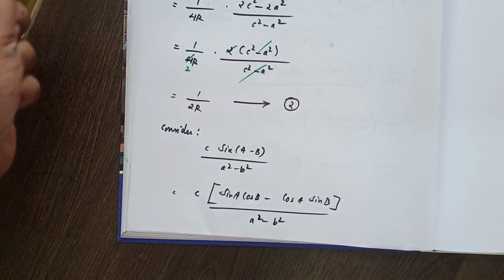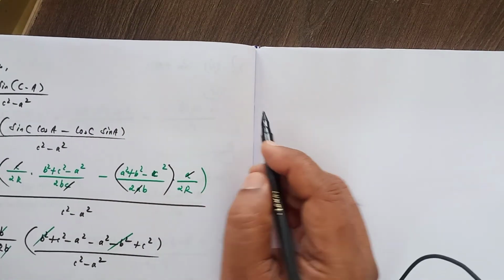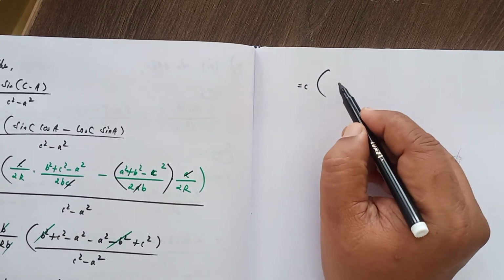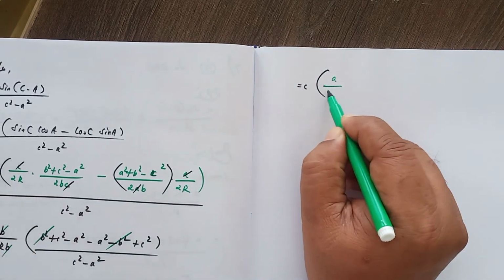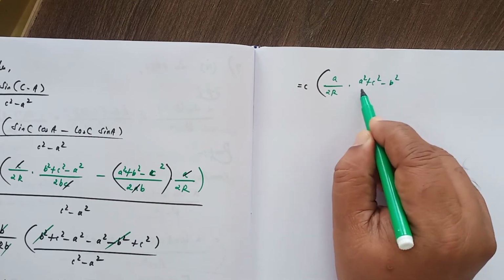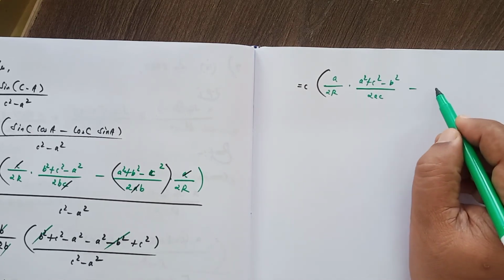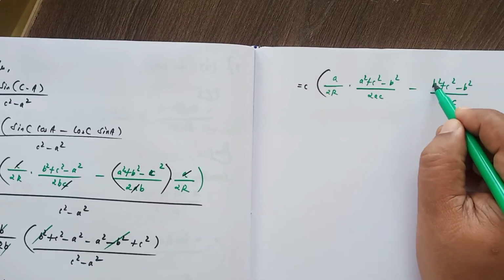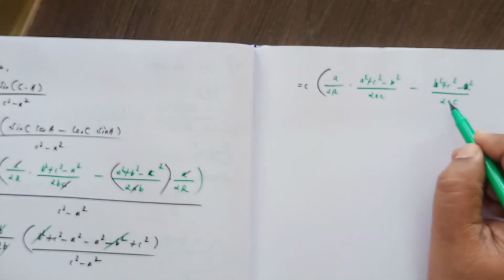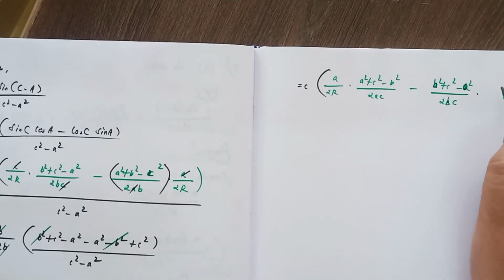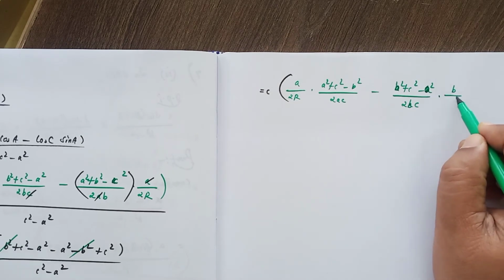Then C into, C write as it is, that is equal to C into, then sine A formula, that is A divided by 2R, cos B formula, A square plus C squared minus B squared divided by 2AC, minus cos A formula, B square plus C squared minus A squared divided by 2BC, and sin B formula is B divided by 2R.